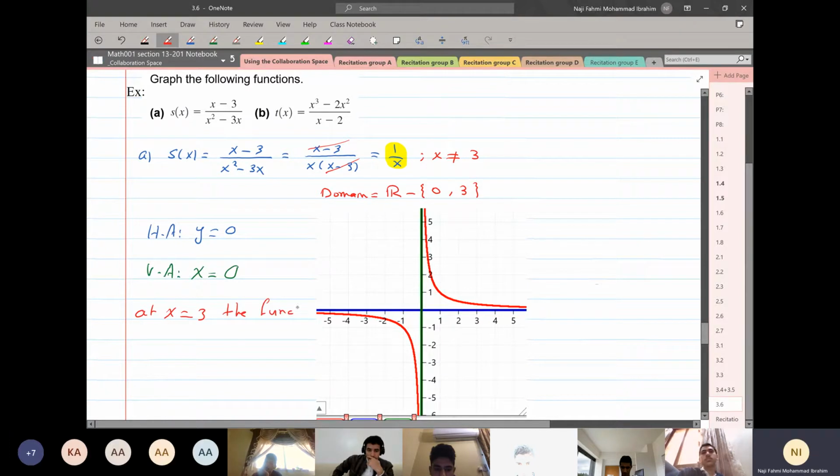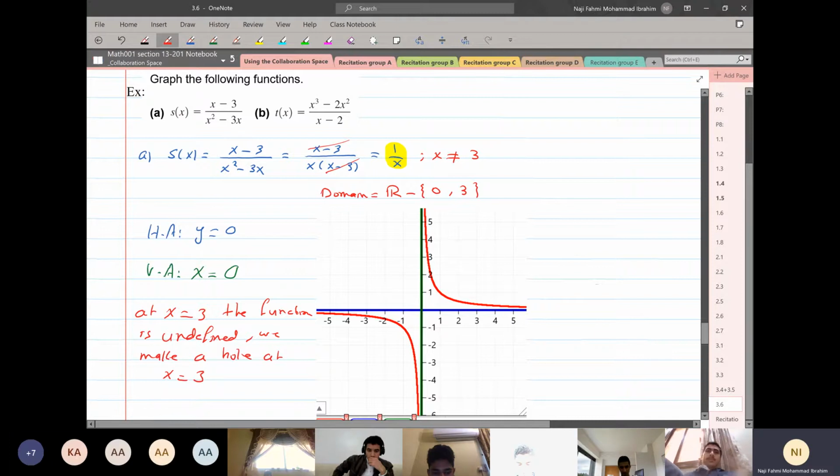The function is undefined because it's not in the domain, right? So here we make a hole at x equal 3.